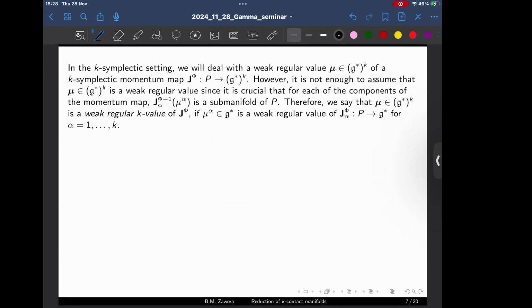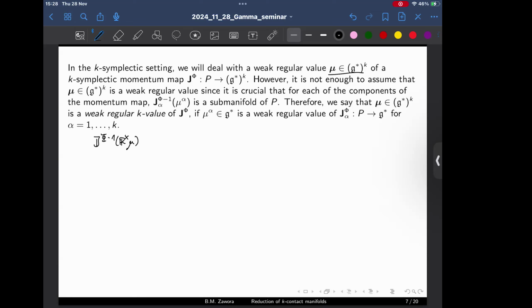So now let me discuss conditions that guarantee that J phi to the minus 1 of R cross K mu is a submanifold. It's enough to say that we deal with a weak regular value mu of a K-symplectic momentum map, and this will guarantee that if mu is a regular value, then J phi to the minus 1 of R cross mu is a submanifold of P. But we need something more.